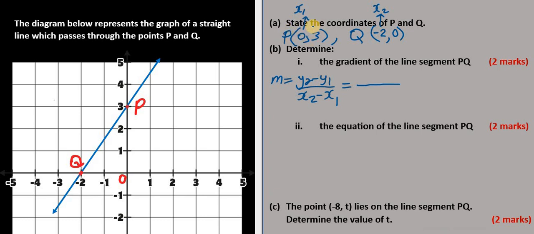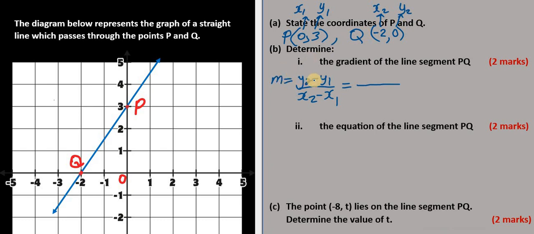Now, since we're going to look at point P as point 1, the y coordinate will be y1. And for the second point, the y coordinate will be y2. All right, so remember, pair coordinates will always have x first, then y. We'll label this one as the first point and this one as the second point, indicated by the 1s and the 2s.